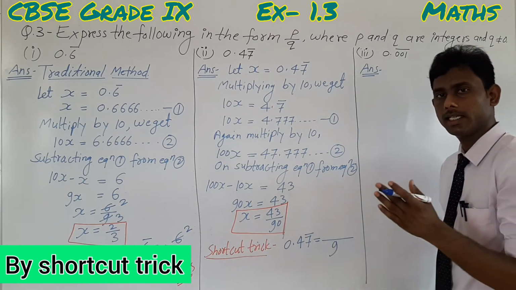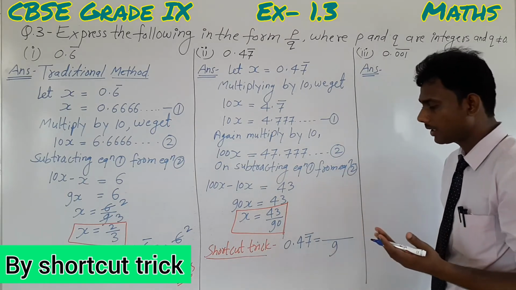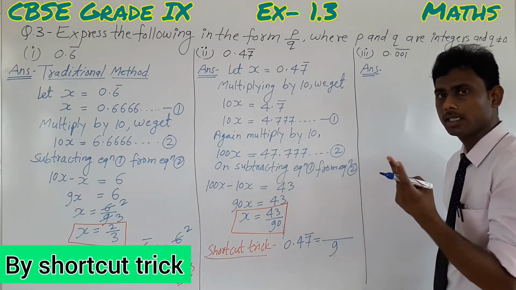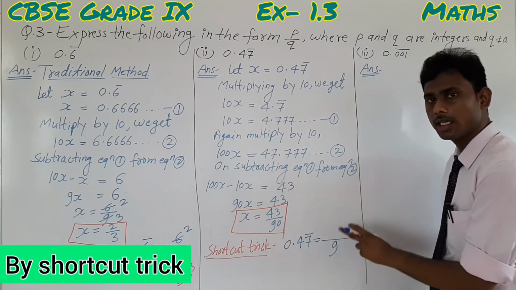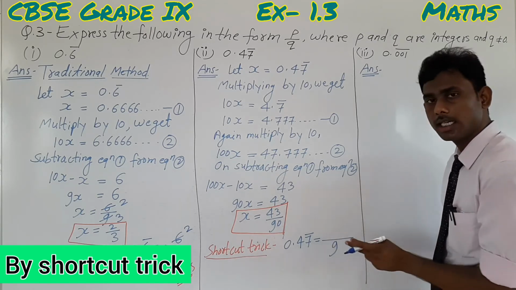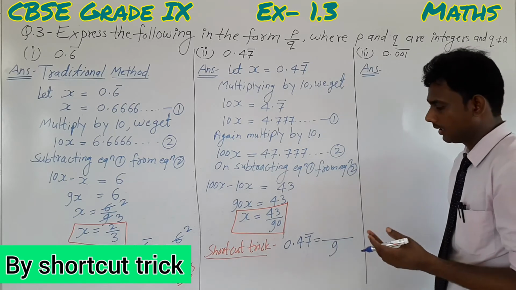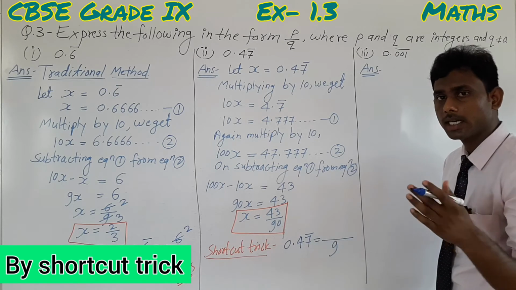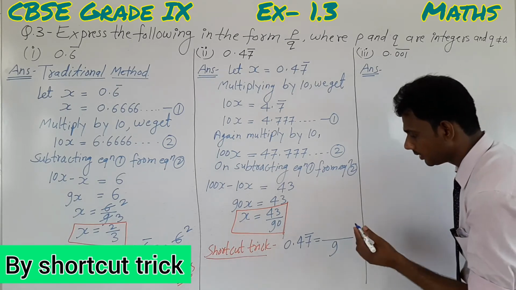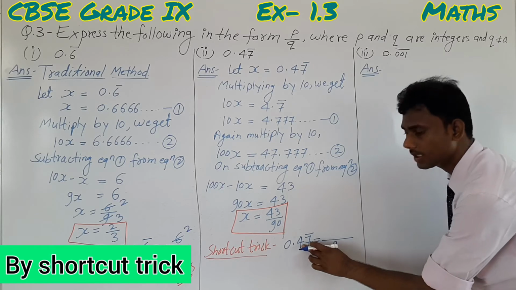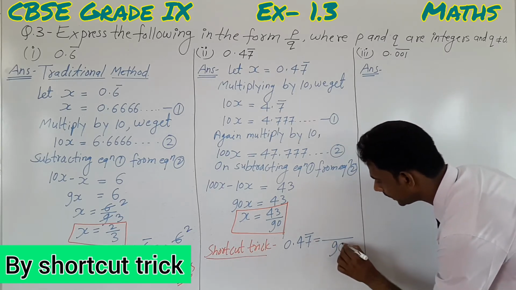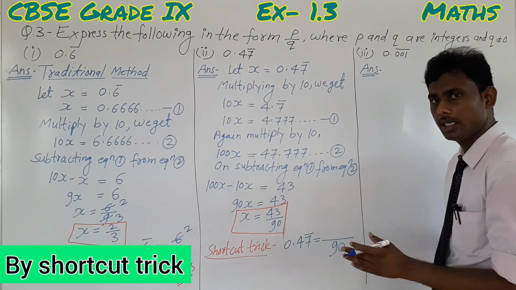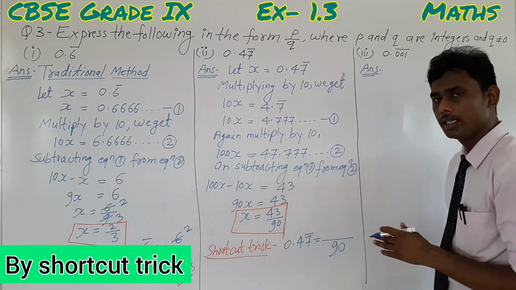How many digits are recurring, you write the same number of 9s in the denominator. If one digit is repeating, you write 9; if two digits are repeating, you write 99; if three digits are repeating, you write 999. After that, for the digits not recurring, you write the same number of 0s. Here one number is not repeating, so you write 90. If two numbers are not recurring, you write 900, and if three, 9000.